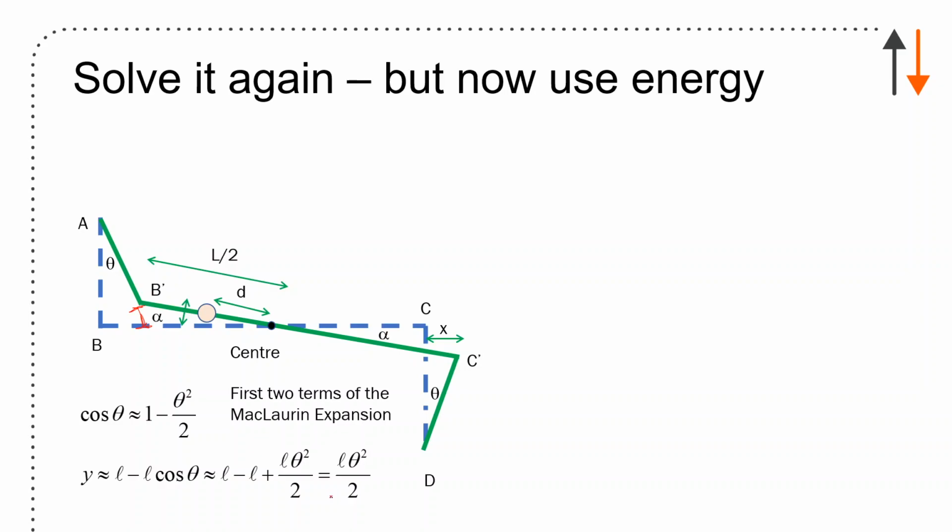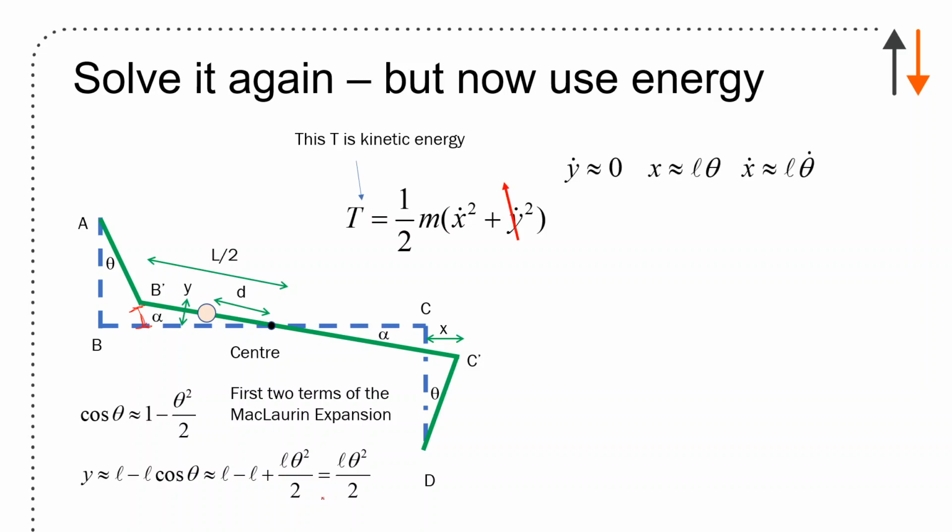So I've got this displacement. T is kinetic energy, 1/2 m times x dot squared plus y dot squared. And y dot in this is going to be assumed to be 0. X is approximately L theta, and x dot then is L theta dot. So T is equal to 1/2 m L squared theta dot squared.